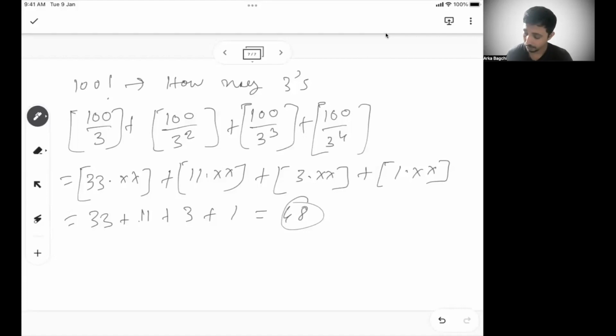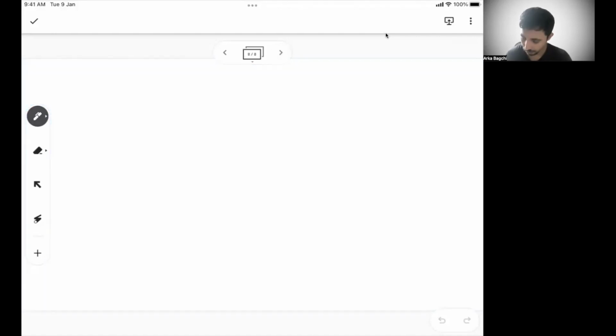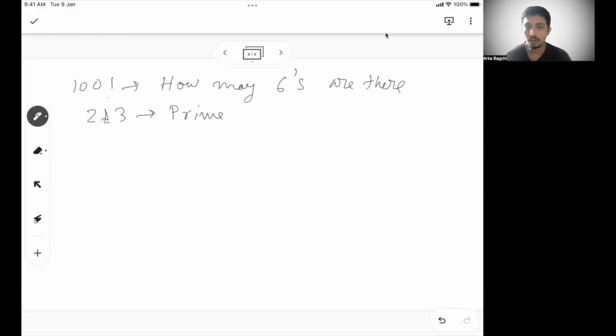The other thing you need to remember: if the same problem, I said 100 factorial, how many 6's are there? Previously we did 2 and 3, which are prime numbers. 6 is not a prime number, so you can't do the previous box approach with 6.